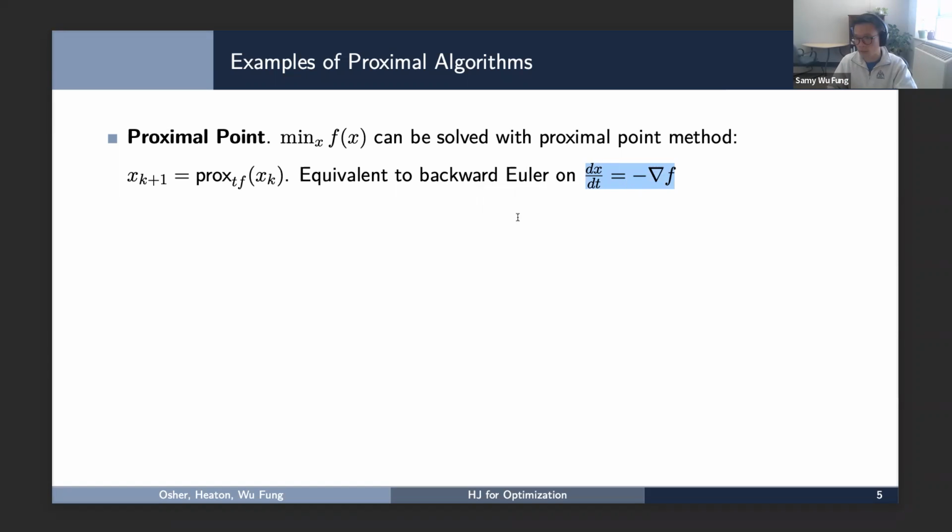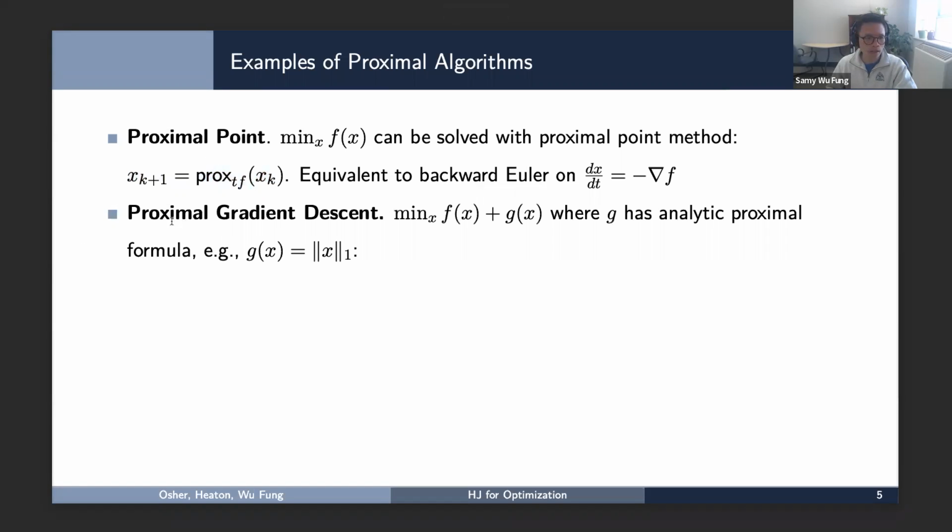But if I discretize with backward Euler, I end up with the proximal point algorithm. As everyone probably already knows, backward Euler is much more stable, but much more computationally taxing to compute. So this proximal point algorithm is generally not that useful.